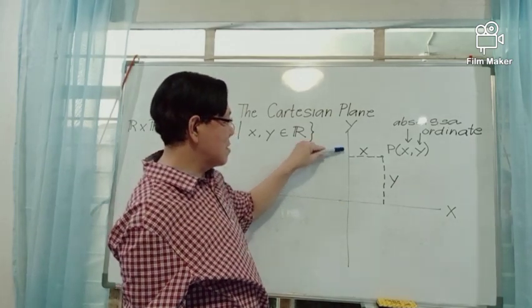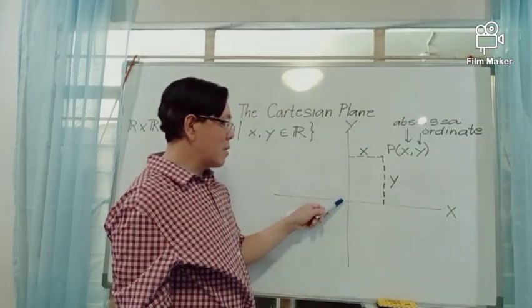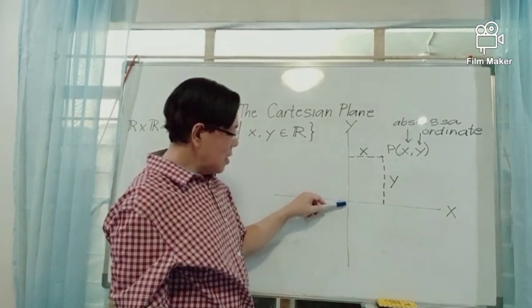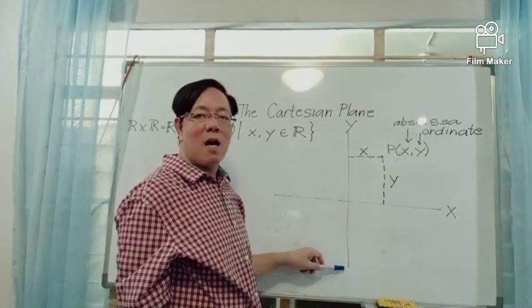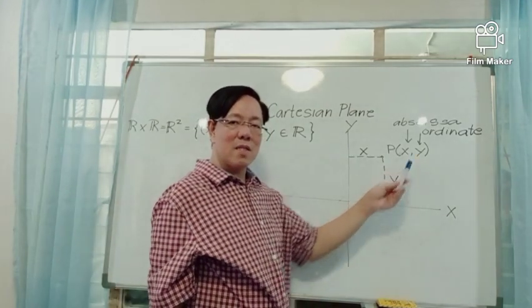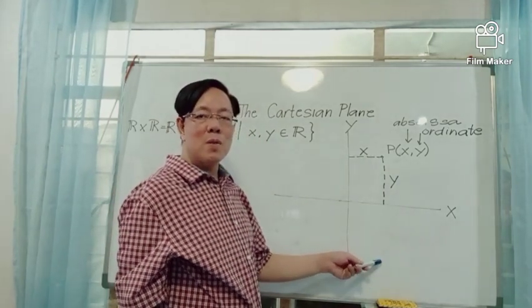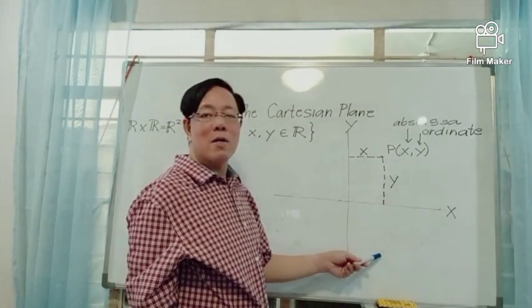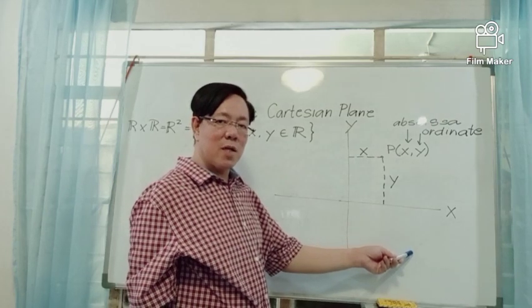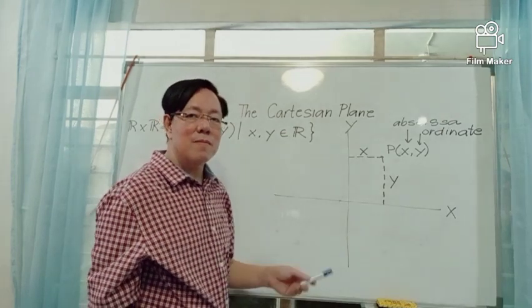The numbers on this part of the y-axis are positive, and the numbers below this point of intersection, the numbers in this part of the vertical axis, are negative. If the ordinate of point P is negative, that means the point P is below the x-axis or horizontal axis.